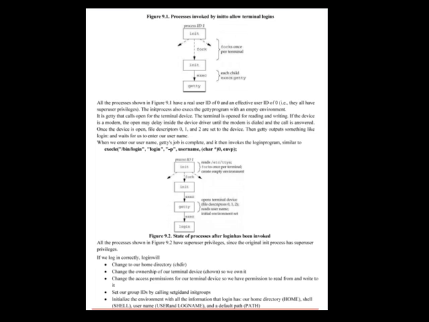If we log in correctly, login will change to our home directory, change the ownership of our terminal device so we own it, change the access permissions for our terminal device so we have permission to read from and write to it, set our group IDs by calling setgid and initgroups, and initialize the environment with all the information that login has: our home directory, shell, username and a default path.